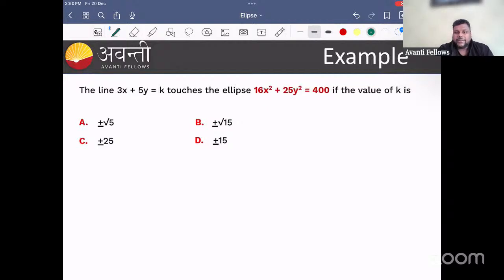So whenever you solve it, mark your correct answer in this poll section. Quickly try.